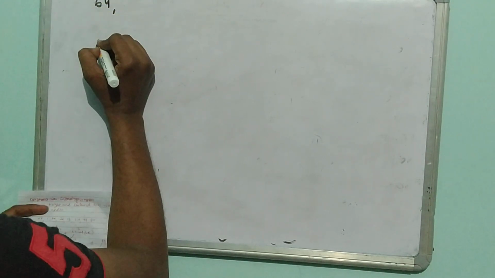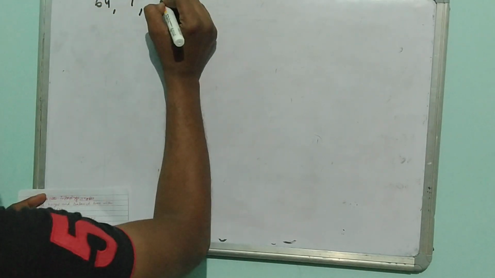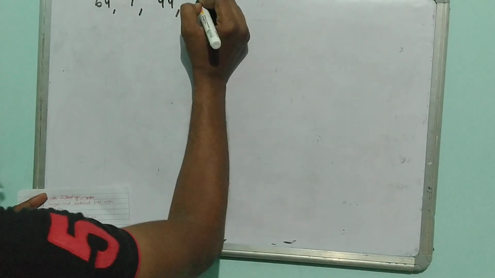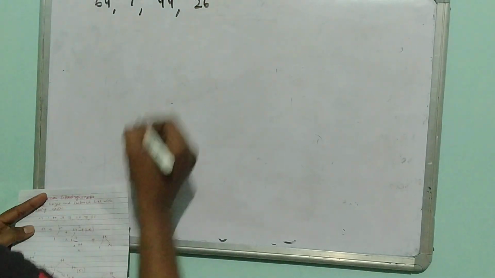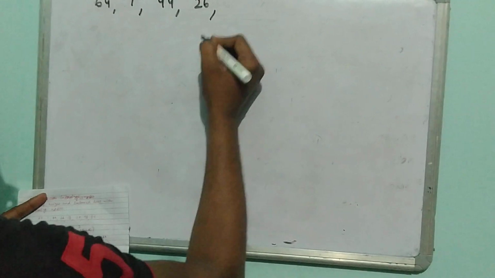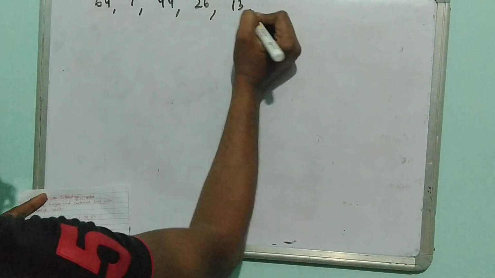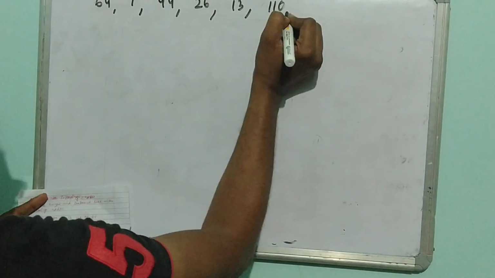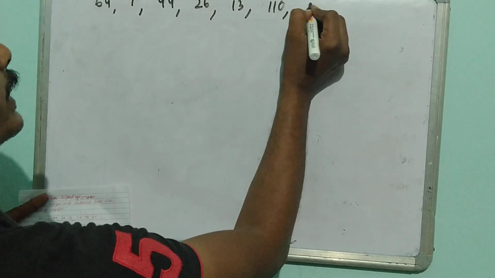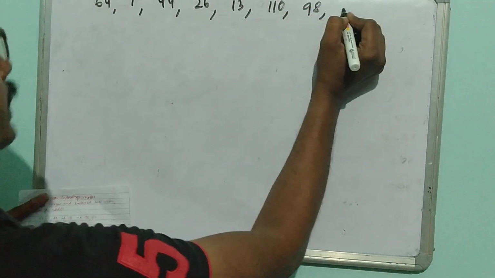So the nodes are 64, 1, 44, 26, 13, 110, 98 and 85.